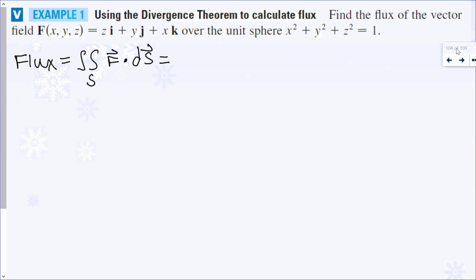Since we're going to use the divergence theorem, it's the triple integral over the space enclosed by our surface of the divergence of the vector field with respect to volume.